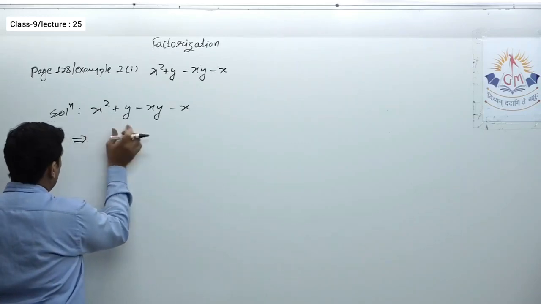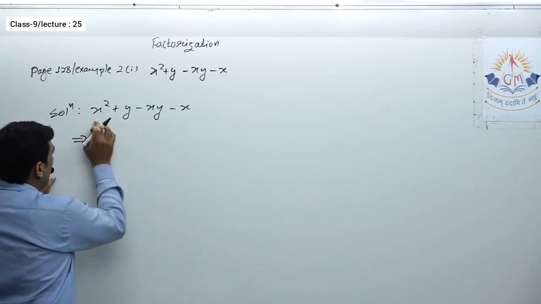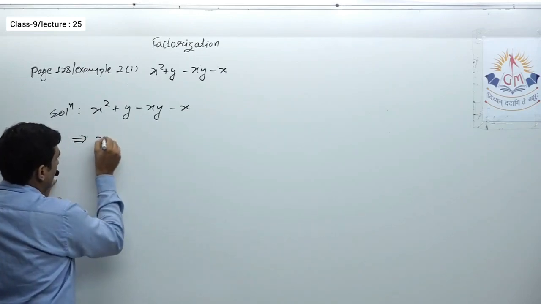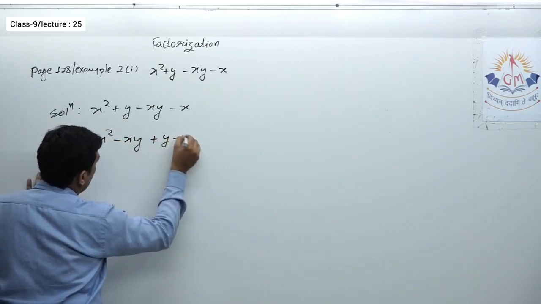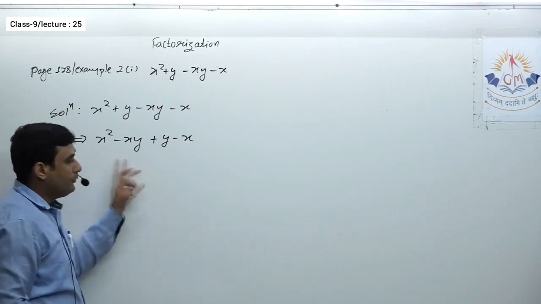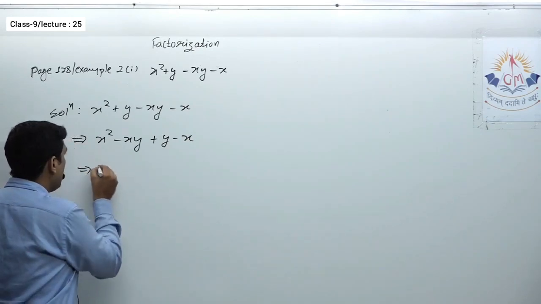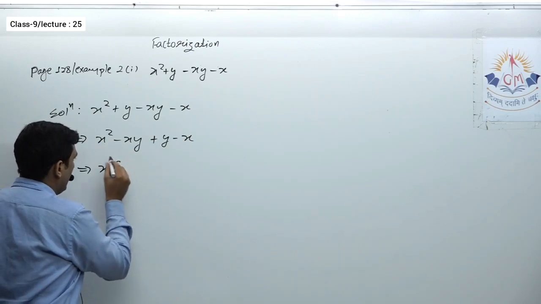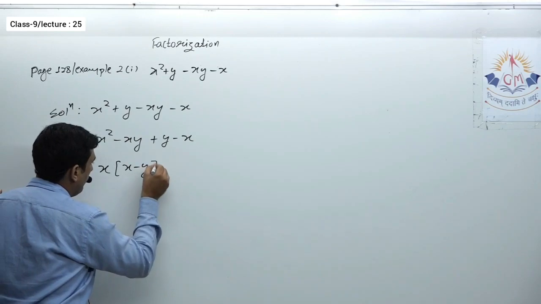So now first, second and third, fourth, that doesn't work. So now I will go with first and third. I take first, and along with this I will take the third one, and then I write the remaining. Now I check what I can take common from these two. Definitely I can take common x, and when I take x common, here I will be left with x minus y, isn't it?